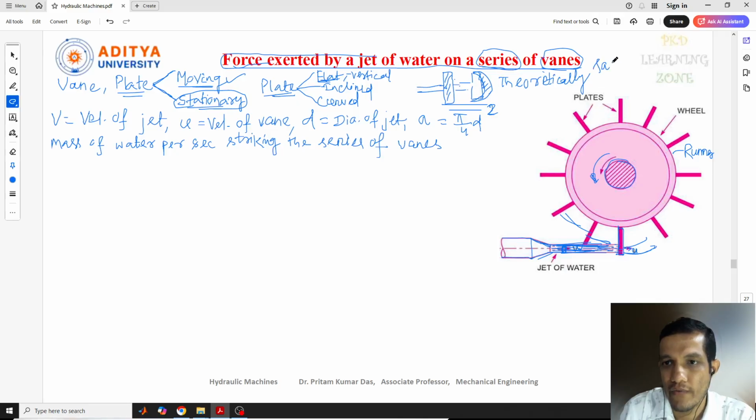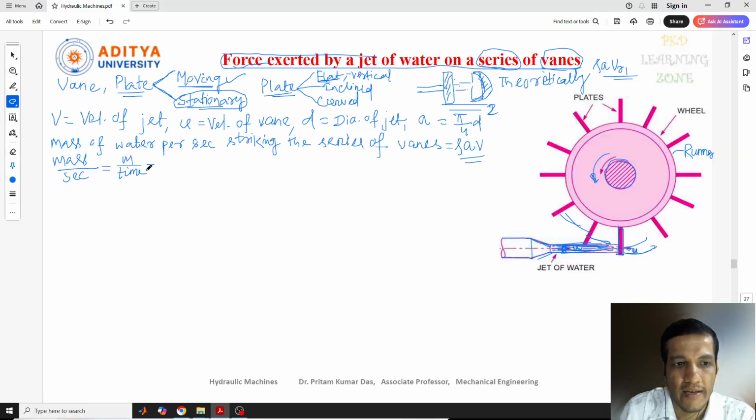Previously the equation we got, I'll write here, was rho a v r1, where that is the relative velocity. But here, the relative velocity need not be considered for this mass of water per second striking. So this one we can write as rho a v. How did we get rho a v? I told you a number of times previously: mass of water per second, that is mass per time.